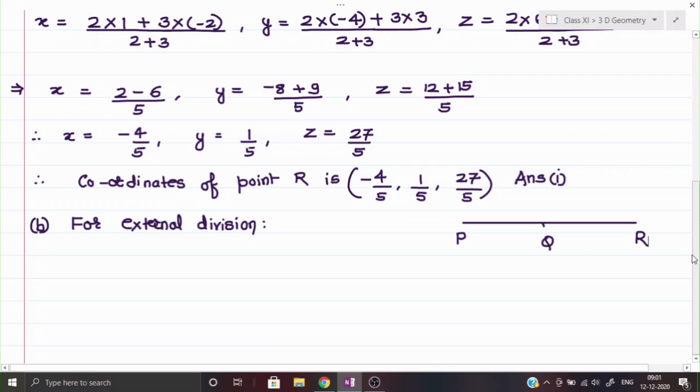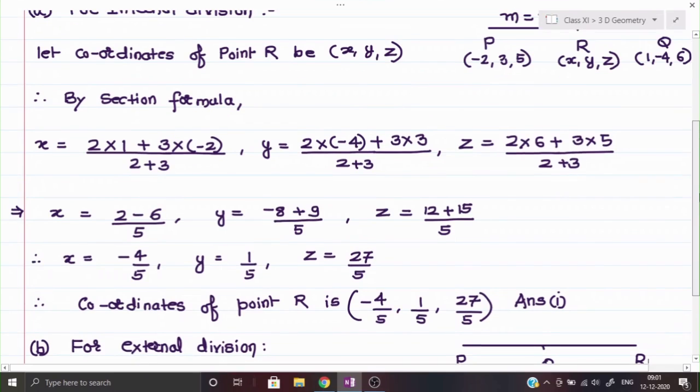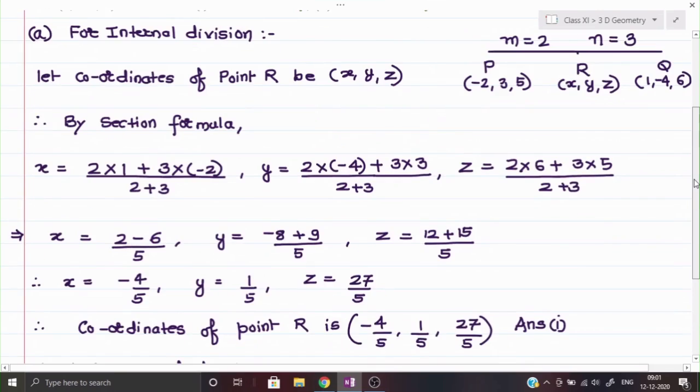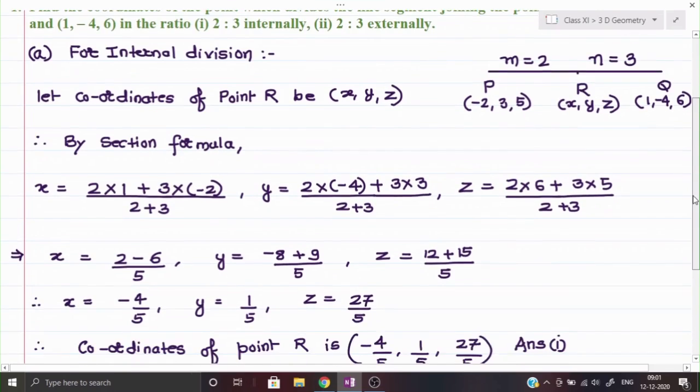So here I am taking point P, here point Q, and here I can take point R. The coordinates of P and Q we will mention here. P coordinate is (-2, 3, 5) and Q is (1, -4, 6). We shall check that these points are divided 2:3 externally.